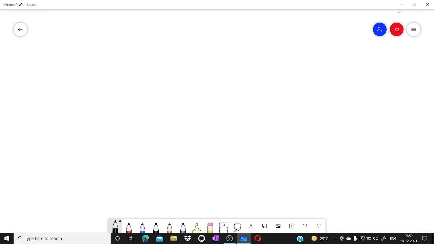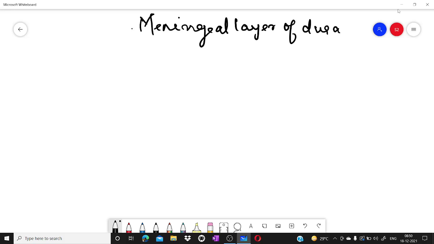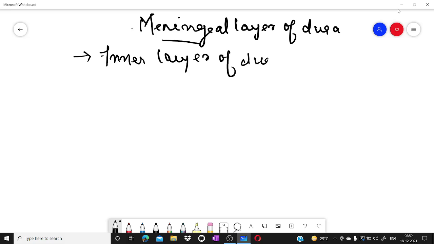Now we are going to discuss in detail about the meningeal layer of the dura. So what are the points about the meningeal layer of the dura? It is actually the inner layer of the dura, and this layer is continuous with the spinal dura.